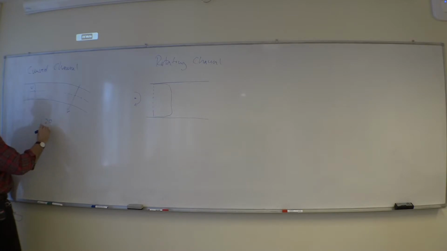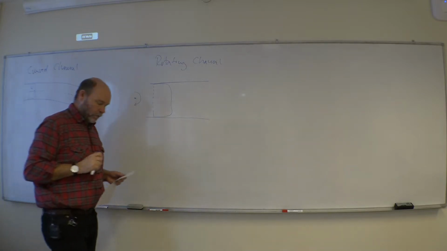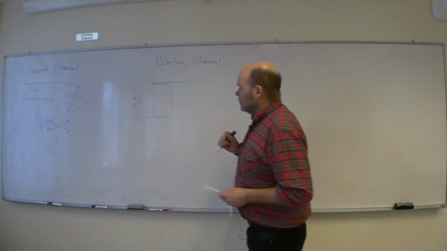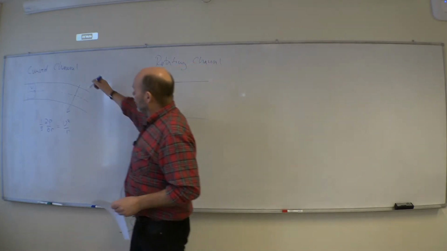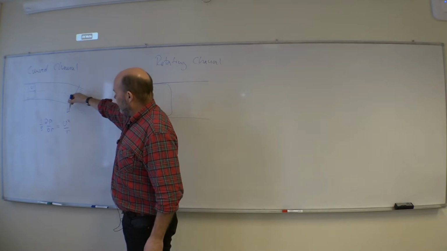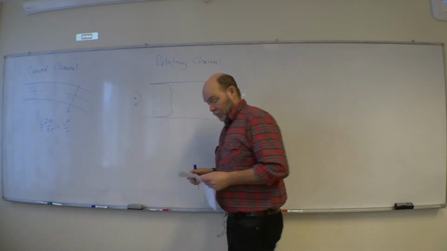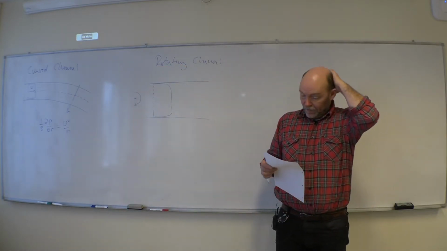So you will have a pressure gradient in the radial direction, which then should balance the centrifugal force. So you will have high pressure up here and lower pressure in the radial direction, or else this will not actually work.